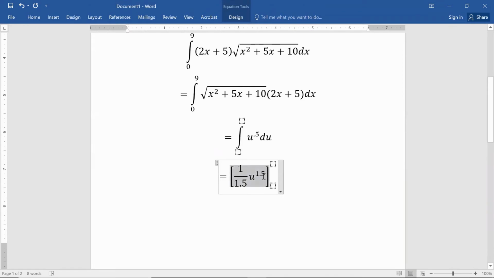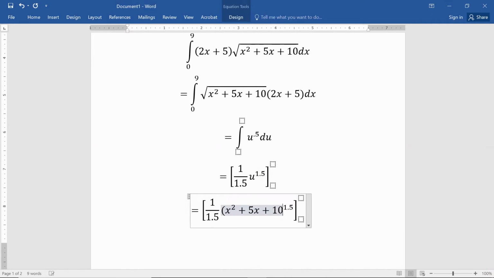But once I've done this, I can start going back to an antiderivative with respect to x. Remember, my u in this case was x squared plus 5x plus 10.